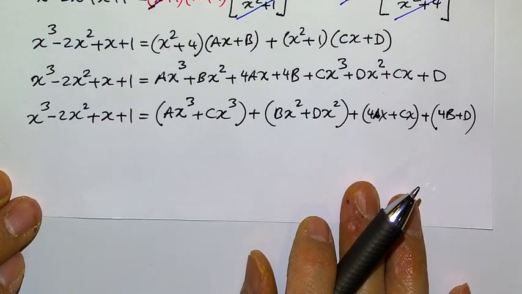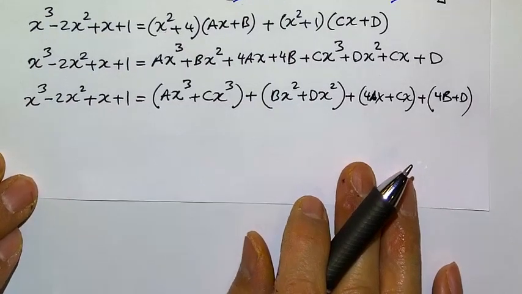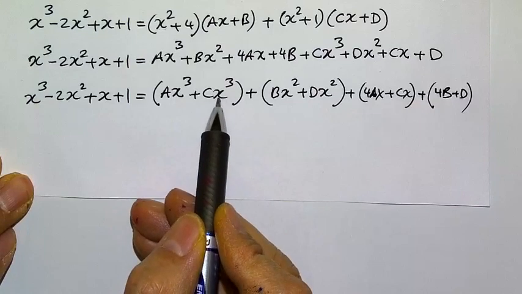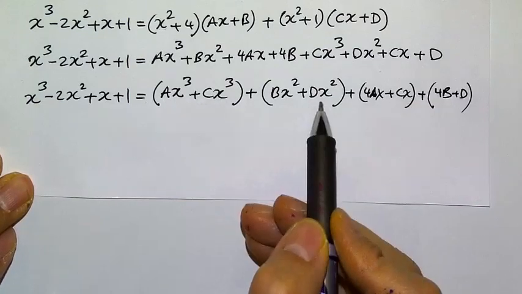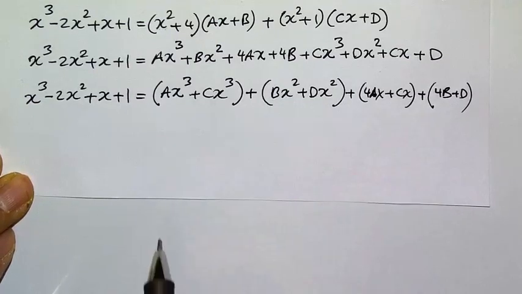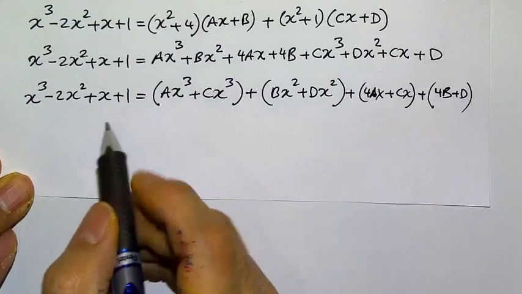All right, so what do we do now? Do you remember what we do now? We will factor out the x cubed from this group, x squared from this group, x from this group, and we leave the constants as that. So let's do that.